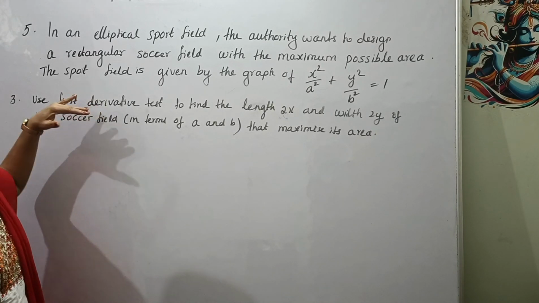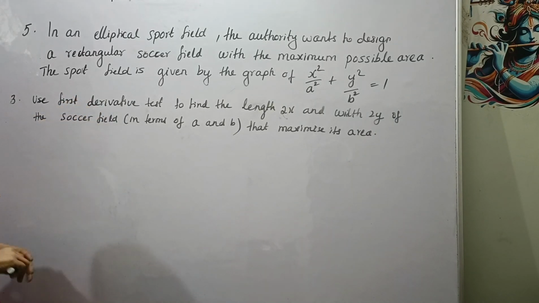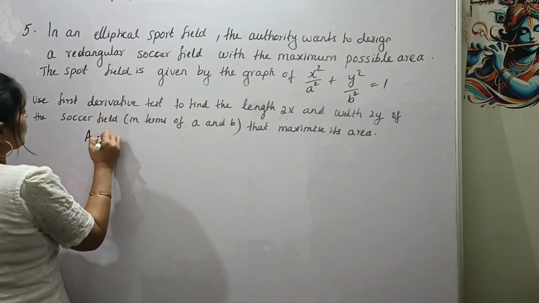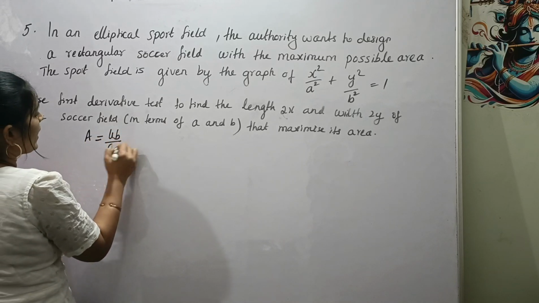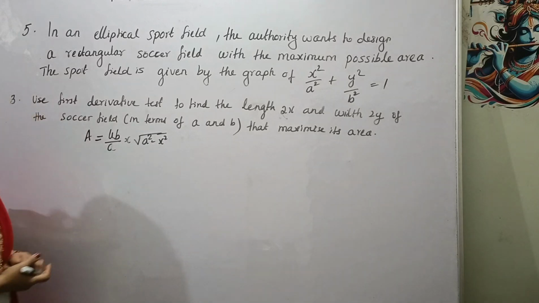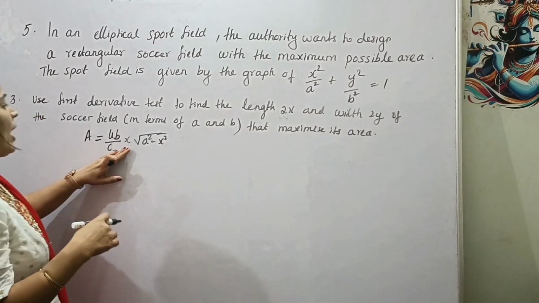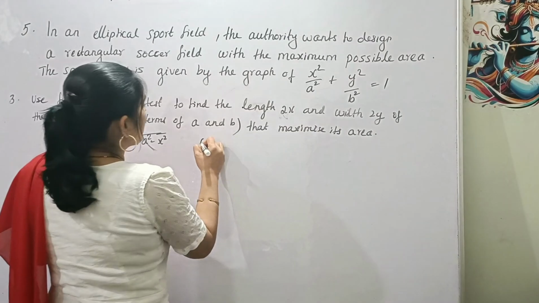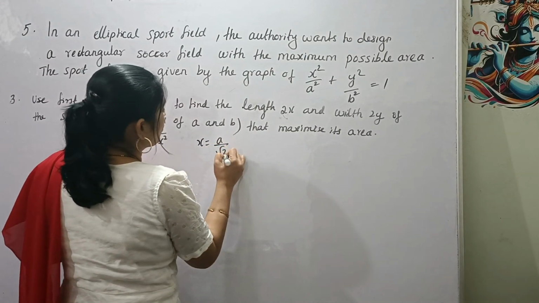For that we need to find dA by dx, right? We know that A is equal to 4b by a x into root of a square minus x square, and we have already found the critical point x is equal to a by root 2.